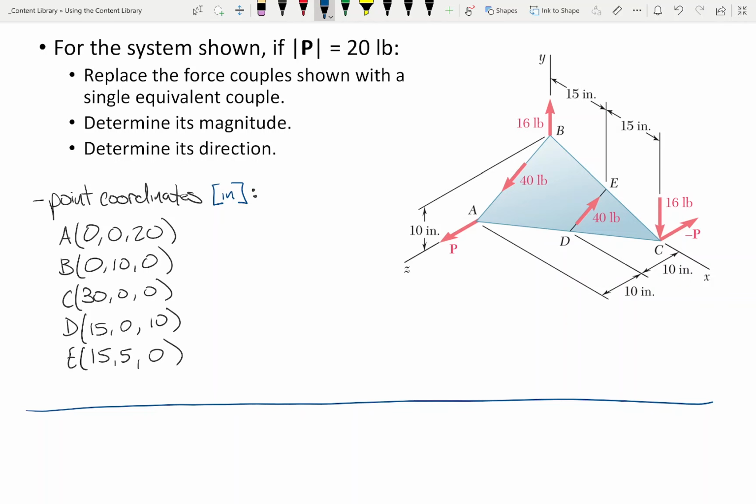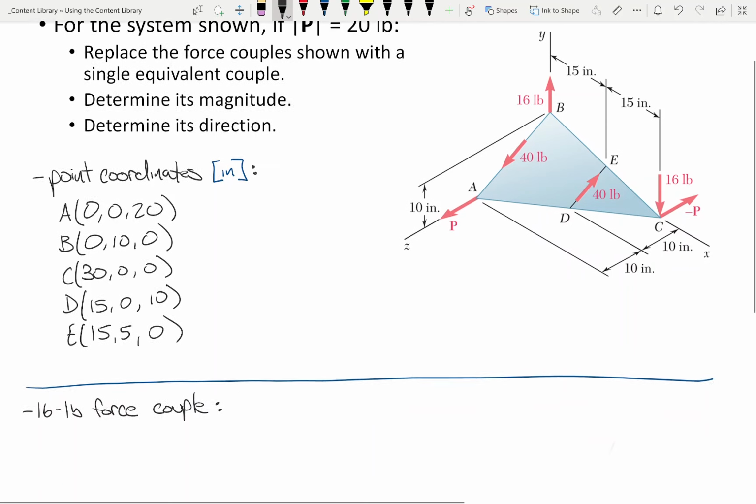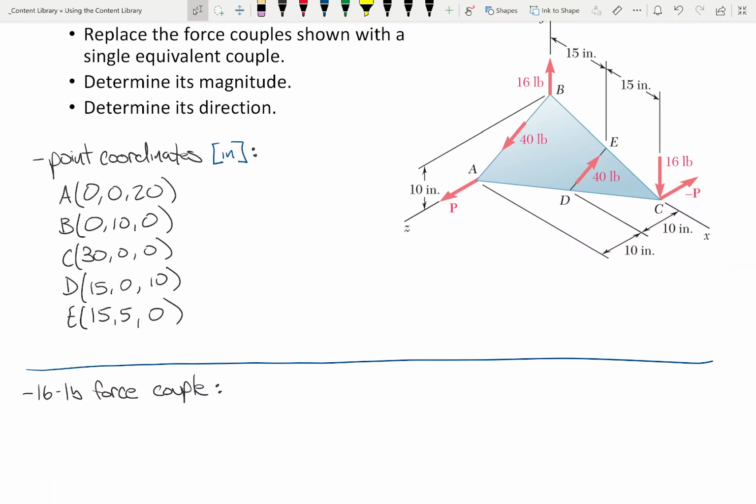I'm going to do both for this first one. So let's deal with this 16-pound force couple. I want to focus on this and this.